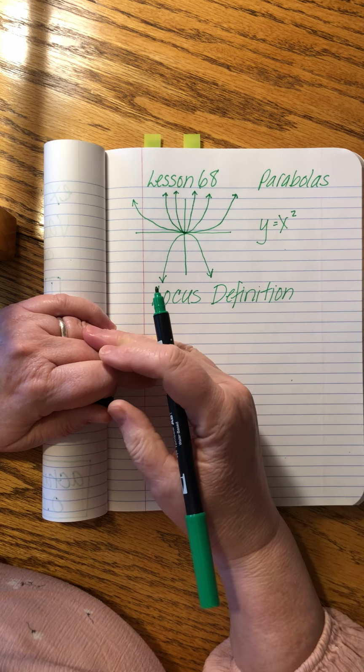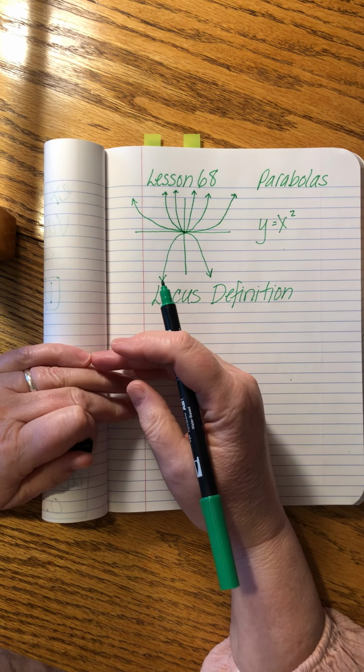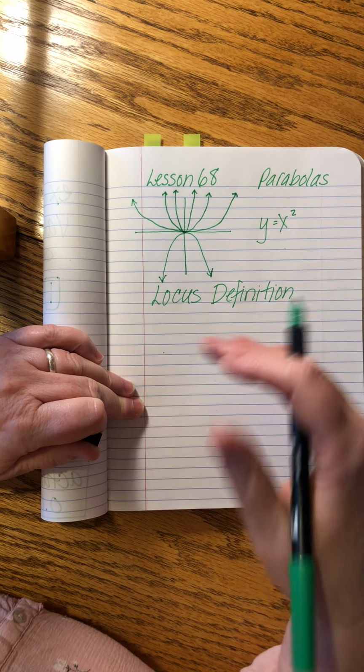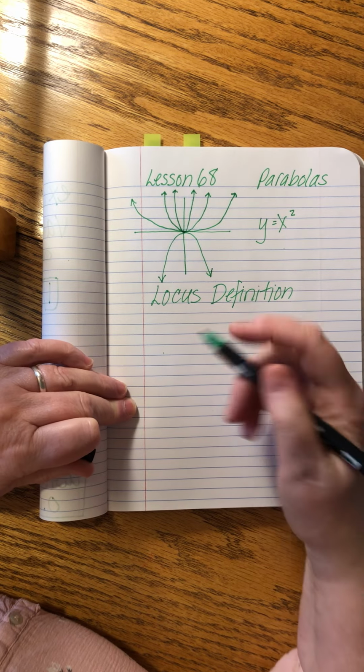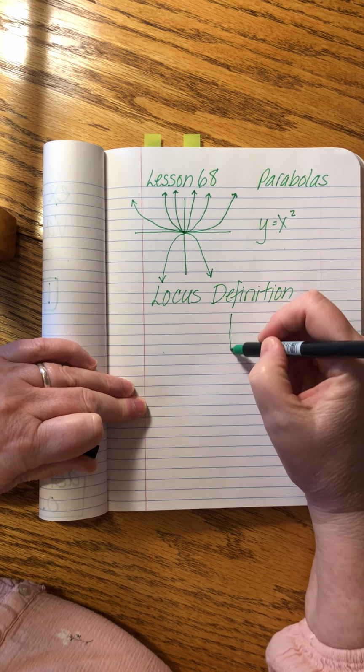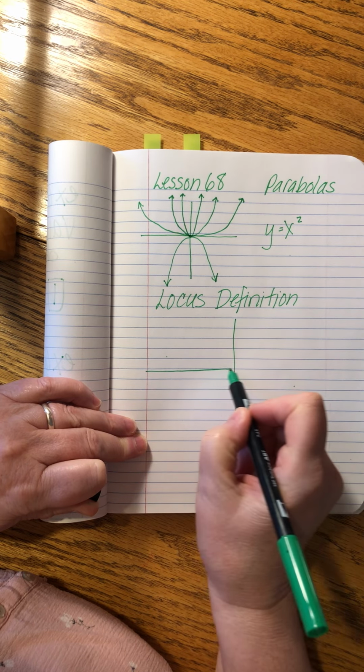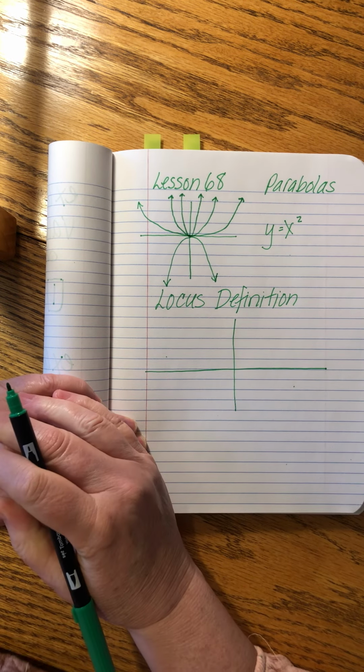Locus definitions are always weird because they describe the shape in relation to parts of the picture. So let me draw you what the locus definition of a parabola is. Here we have our same Cartesian coordinate system.